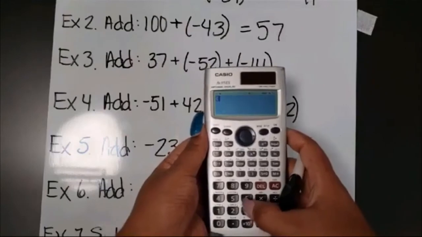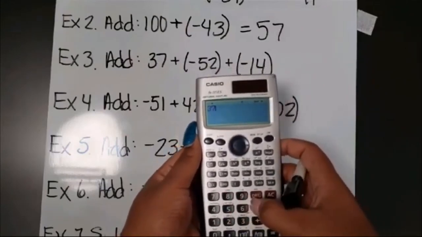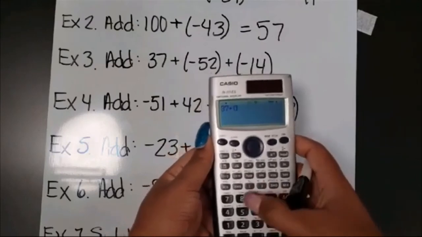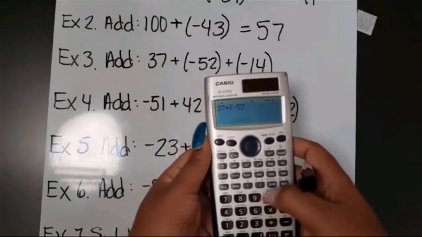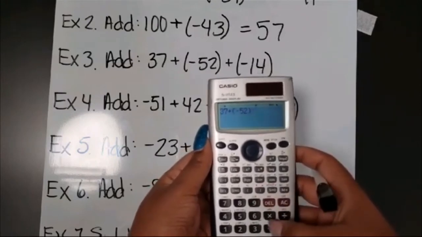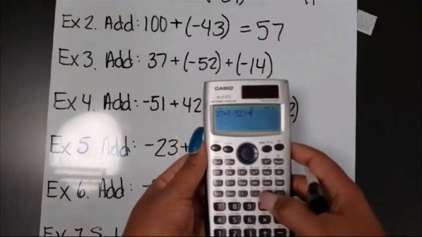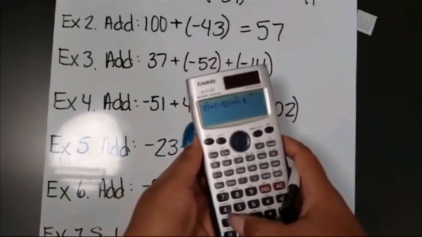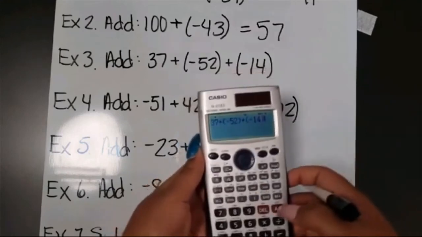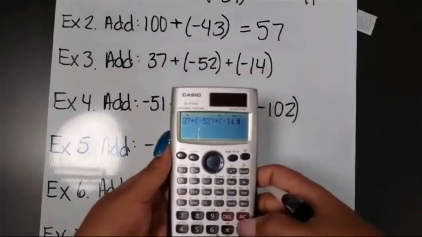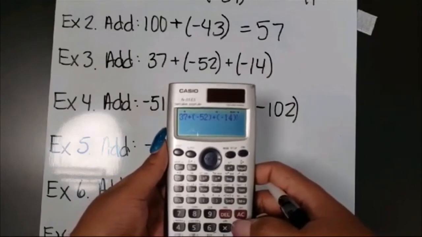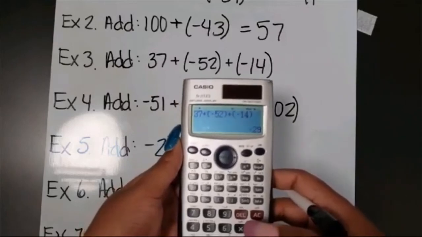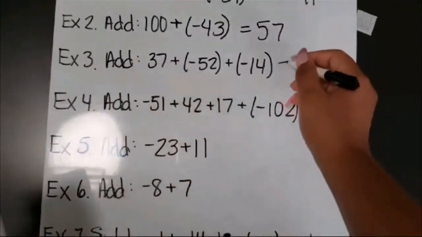I'm going to type in 37, do my plus sign, do my parentheses, negative 52, close my parentheses, very important. Do another plus sign, open my parentheses, negative 14, and close my parentheses. So as you see, it looks just like it does on the board. I'm going to hit enter, and I get negative 29.